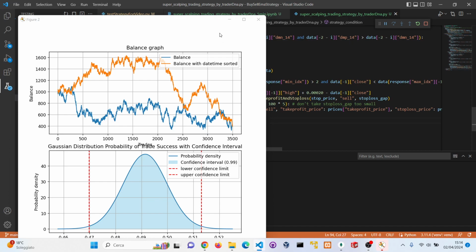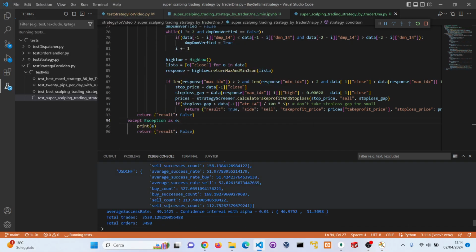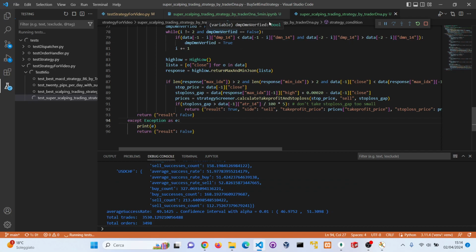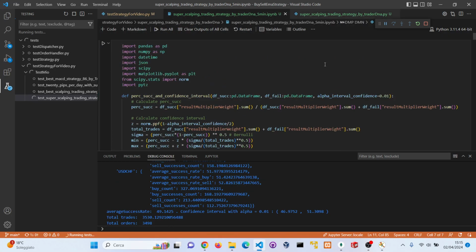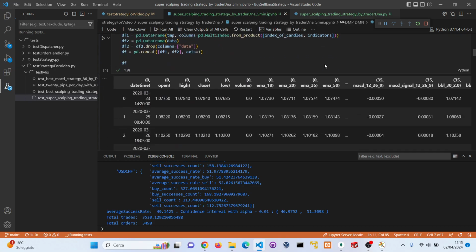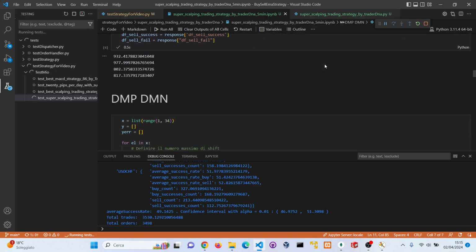I have already downloaded the trades, so let's try to improve the strategy with some statistic techniques and see if we can improve that.